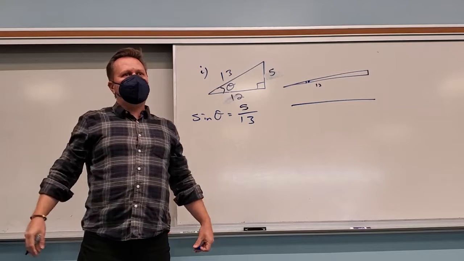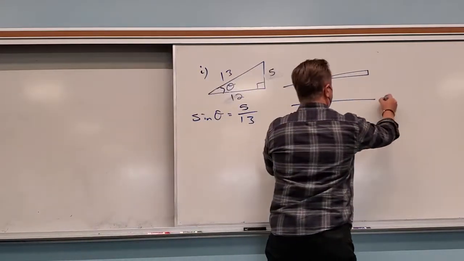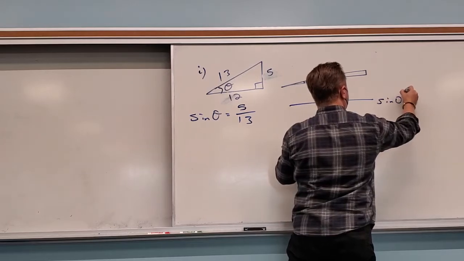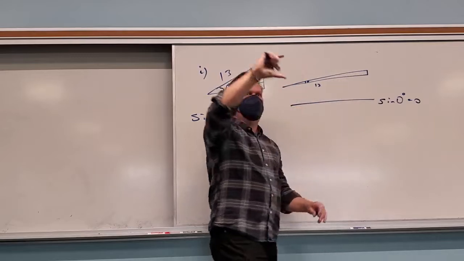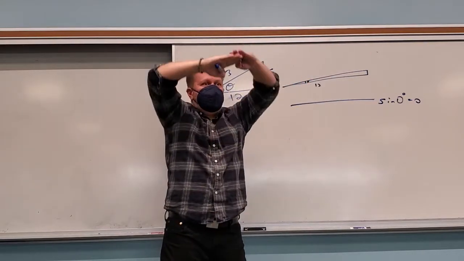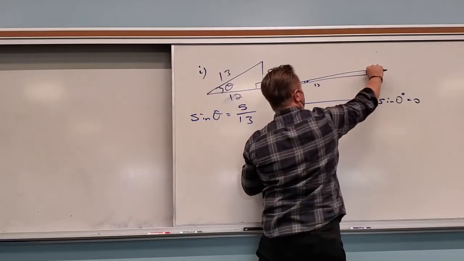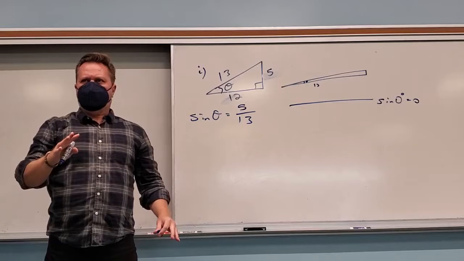That's when sine would be 1. Or in this case, I'm sorry, sine is 0. I'm going the wrong way. How big is the y piece if I smoosh it all the way down? There is no y piece. Didn't the y piece get really tiny when I smooshed it? Okay, maybe.